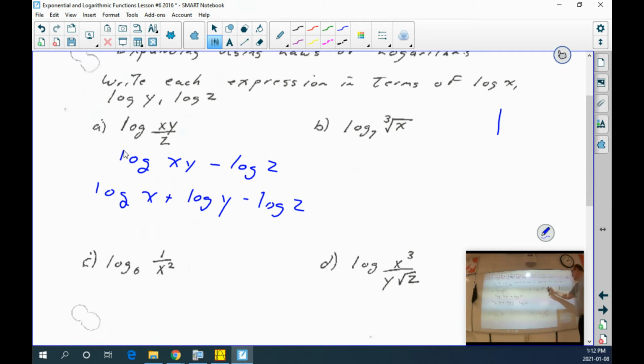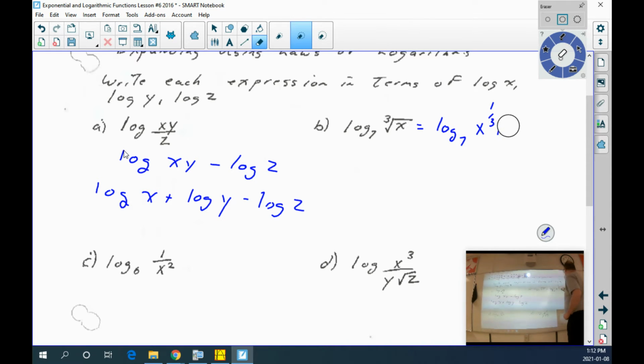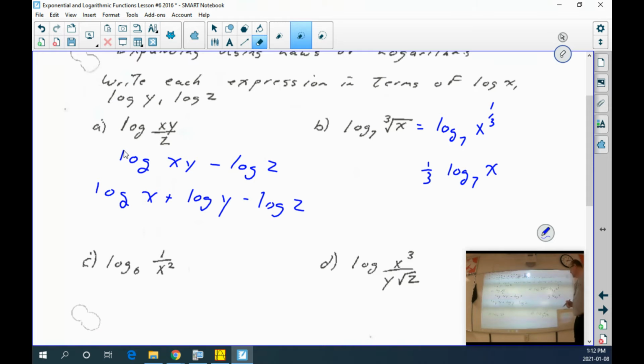Now, the first thing that I'm going to do when I see something like this, log base 7 of x to the 1/3. Since I want this as log base 7 of x, I'm going to shake down the exponent. So log base 7 of x to the power of 1/3 is the same as multiplying 1/3 by log base 7 of x.